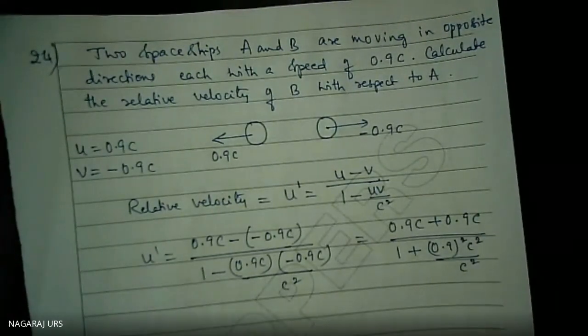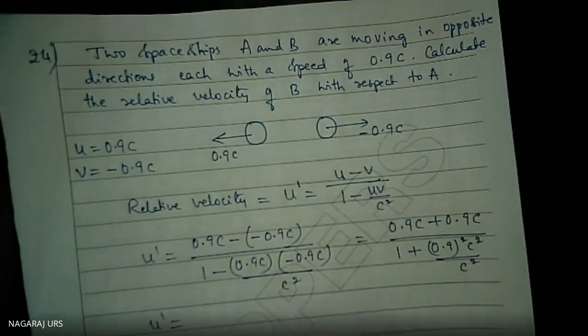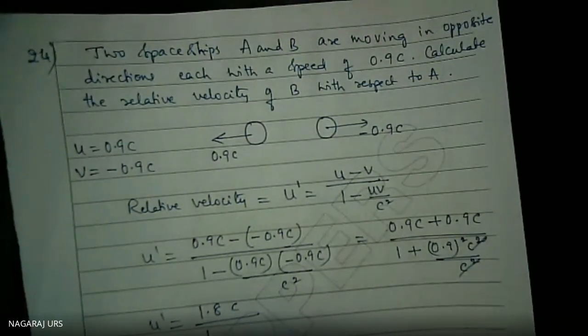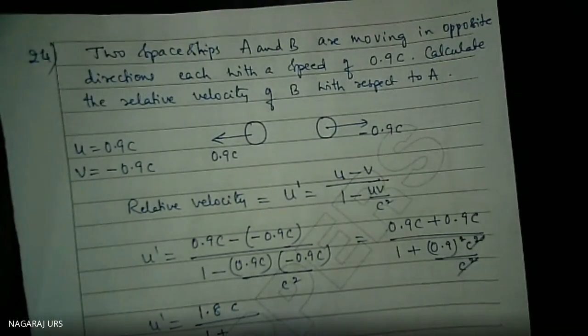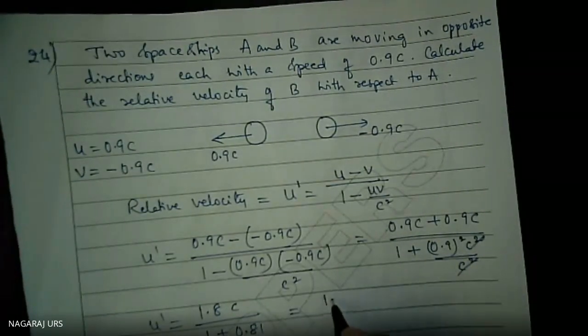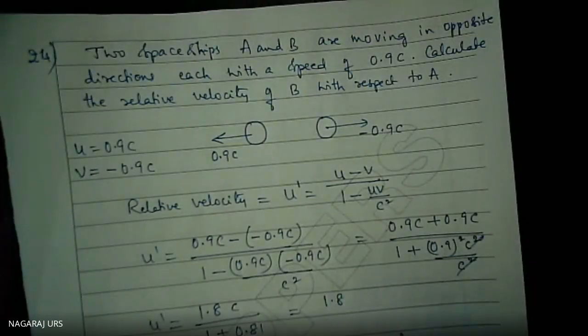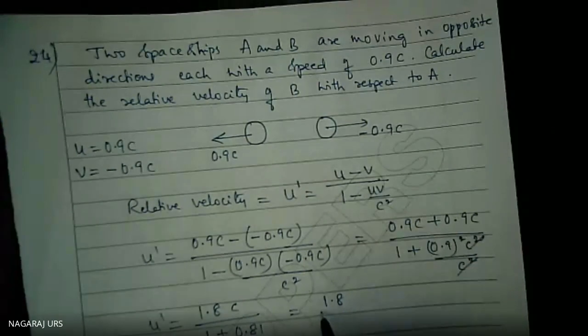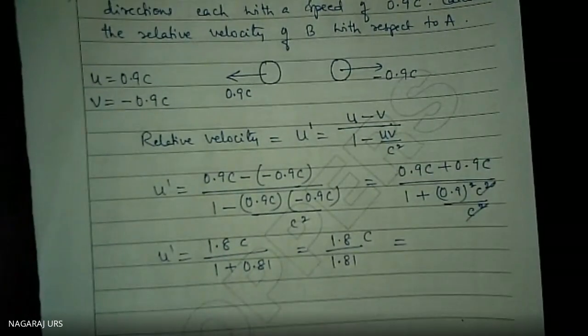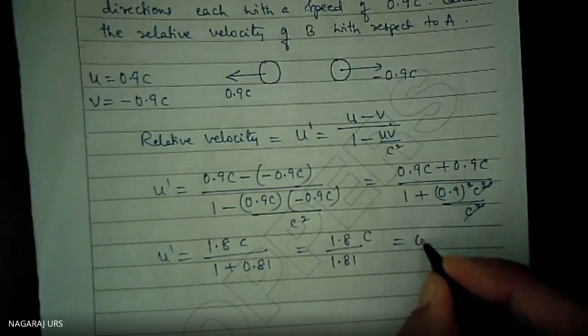Yes, you are getting c. u dash is equal to, this is 1.8 c, correct? 1 plus the c square gets cancelled here. 1 plus this is 0.81. Divided by this is 1.81. Is that right? So division gives 0.99 something.